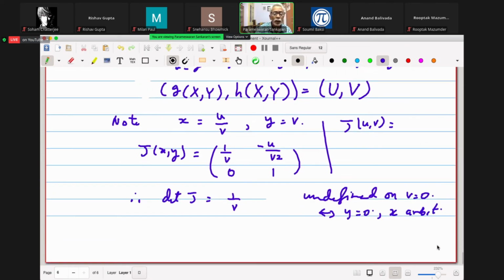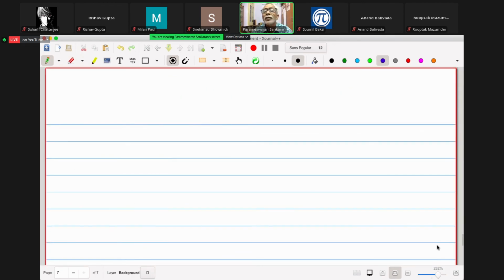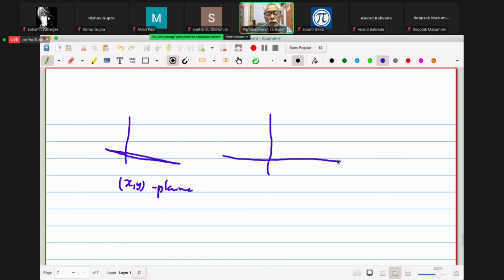So you see, on the xy plane, just let me take 2 more minutes and explain this. On the xy plane, y equals 0 is the x-axis. Along this, the function is not invertible.